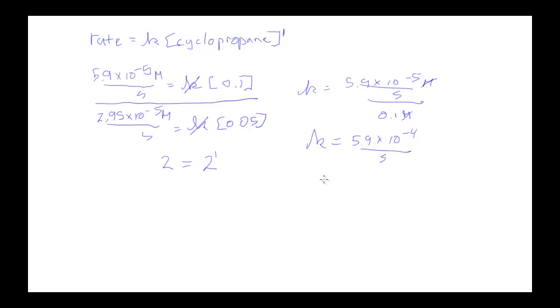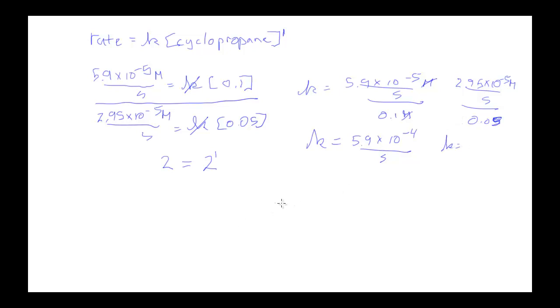How about this other one here? We could double check it by plugging in another set of values. So we could have 2.95 times 10 to the minus 5th molar per second, divided by 0.05.